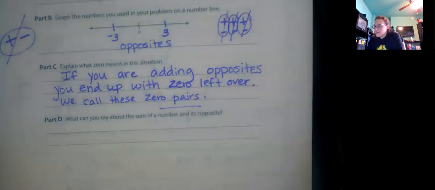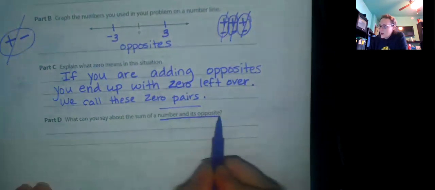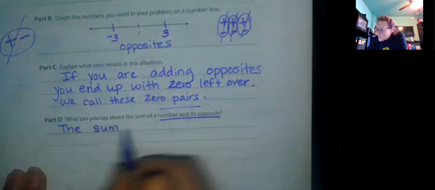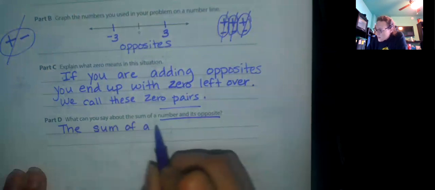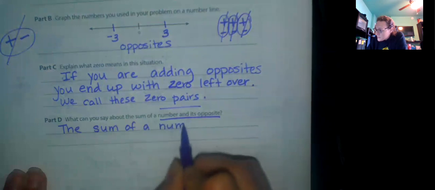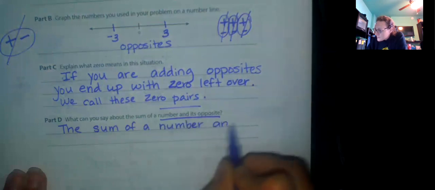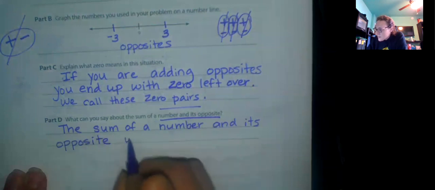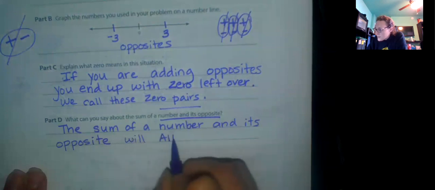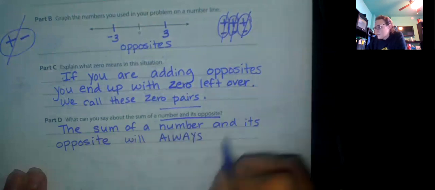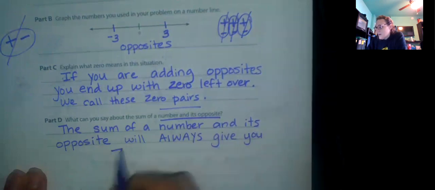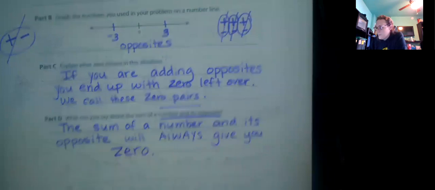So what can you say about the sum of a number and its opposite? So the sum of a number and its opposite will always give you 0.